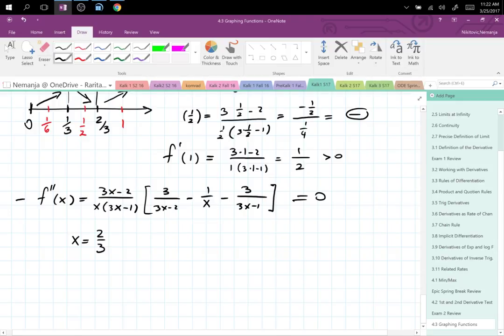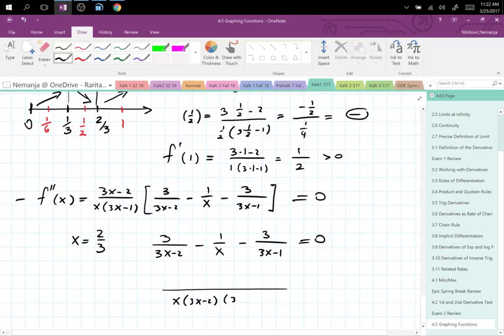And then we have 3/(3x minus 2) minus 1/x minus 3/(3x minus 1) equal to 0. You do the algebra here. It's x, (3x minus 2), (3x minus 1), and then you cross multiply all of it, get the numerator, and only that numerator is equal to 0.